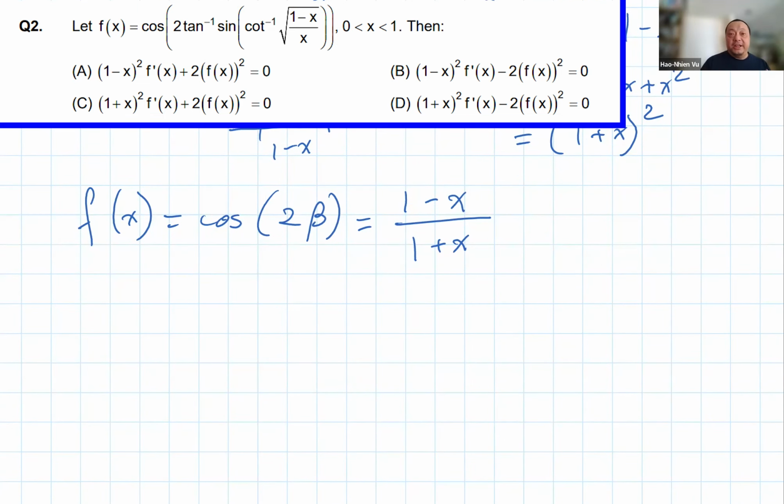Now let's take care of the multiple choice. The multiple choice question basically says, how do I balance f(x) squared with the derivative f prime of x? So f(x) squared is the square of this.